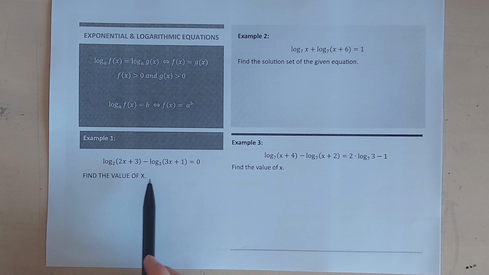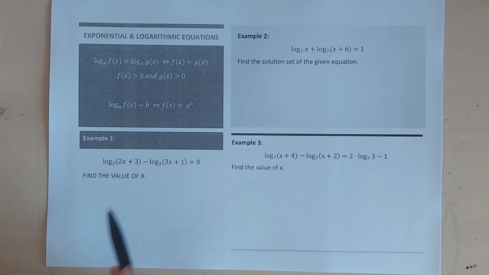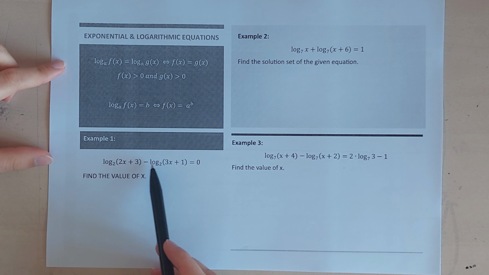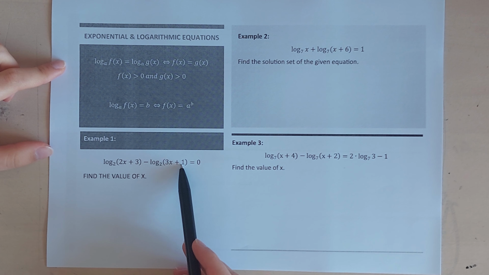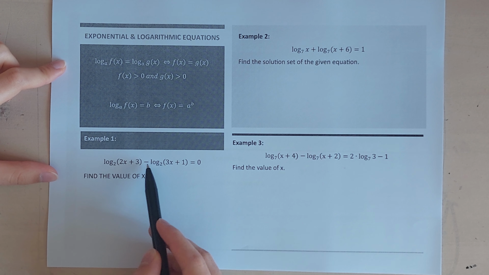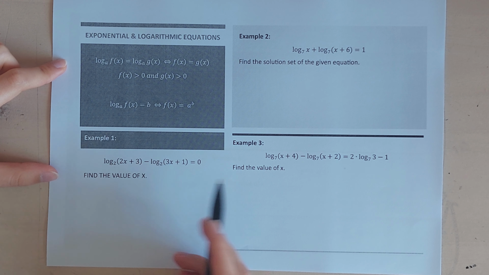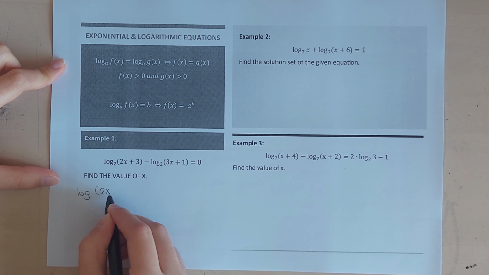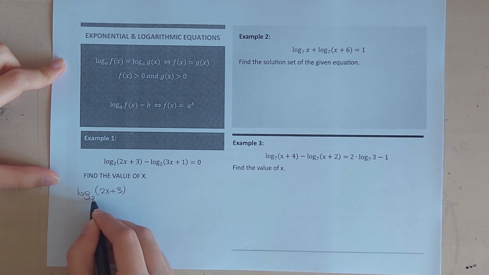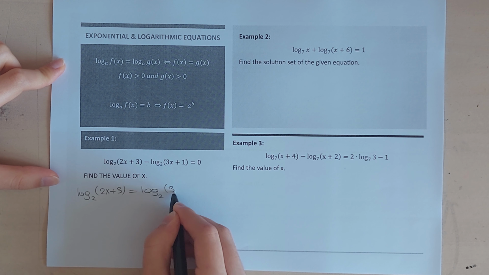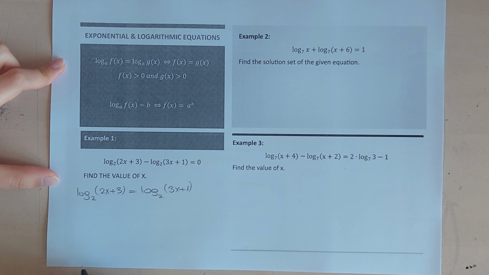Example 1. Find the value of x. We are given an equation: logarithm of 2x plus 3 to the base of 2 minus logarithm of 3x plus 1 to the base of 2 is equal to 0. If I move this expression to the other side, I get logarithm of 2x plus 3 to the base of 2 is equal to logarithm of 3x plus 1 to the base of 2.